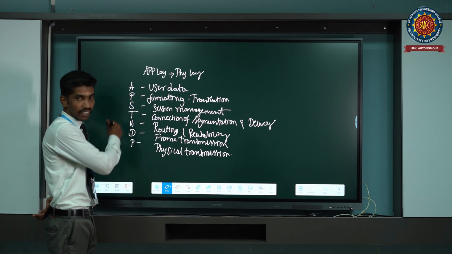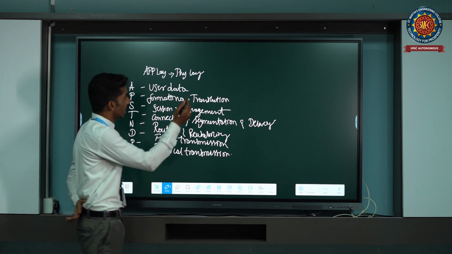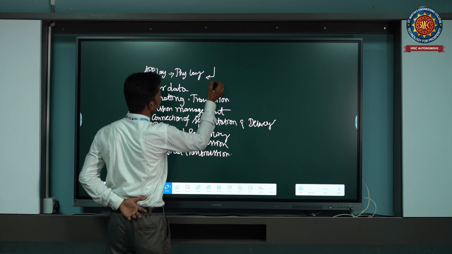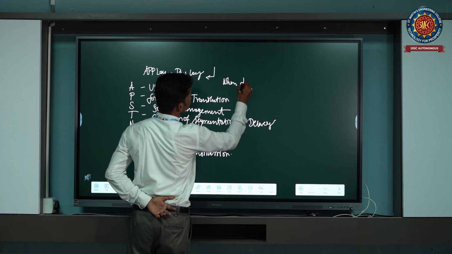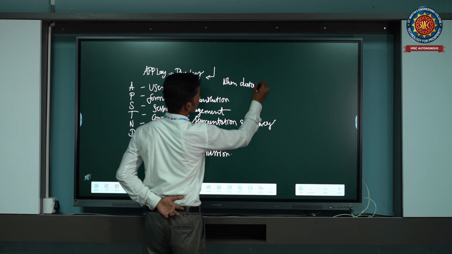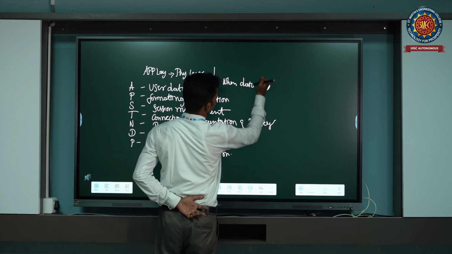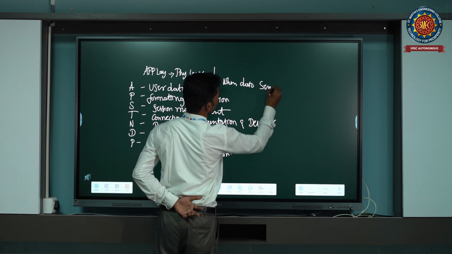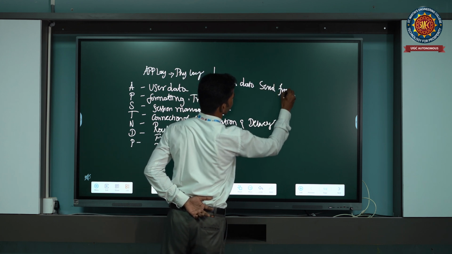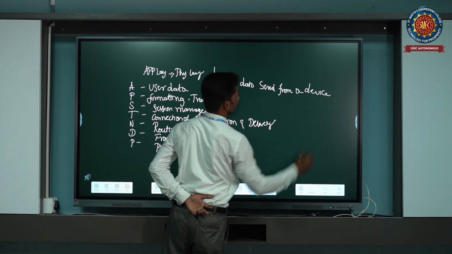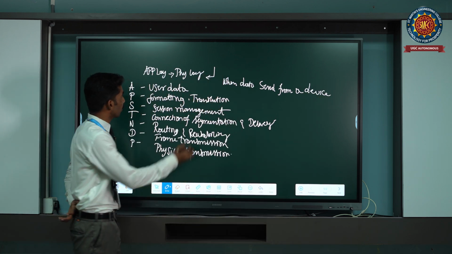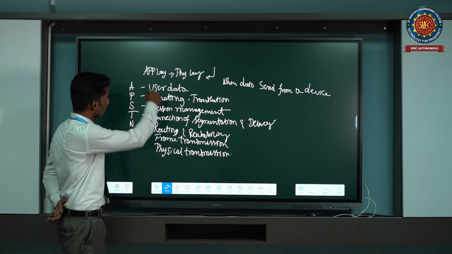So from the application layer to the physical layer we are sending the data. For example, this approach happens when data is sent from a device. At that time, the process from application layer to physical layer goes on.